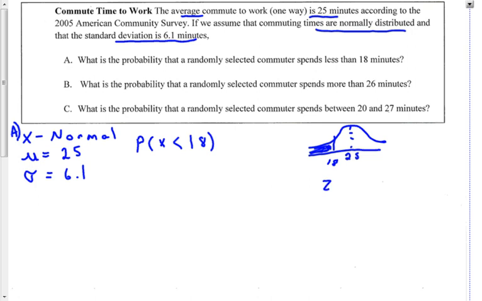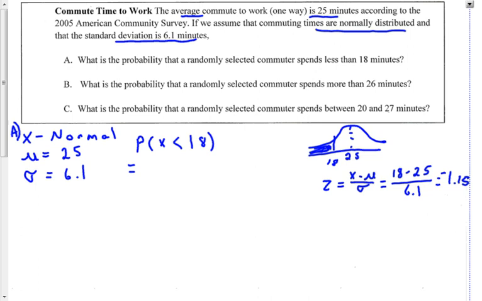So we have to look at the z-score so that we can actually calculate the probability, because that's where the table is defined in terms of the standard normal. So 18 minus 25 over our 6.1, and that value is a negative 1.15.